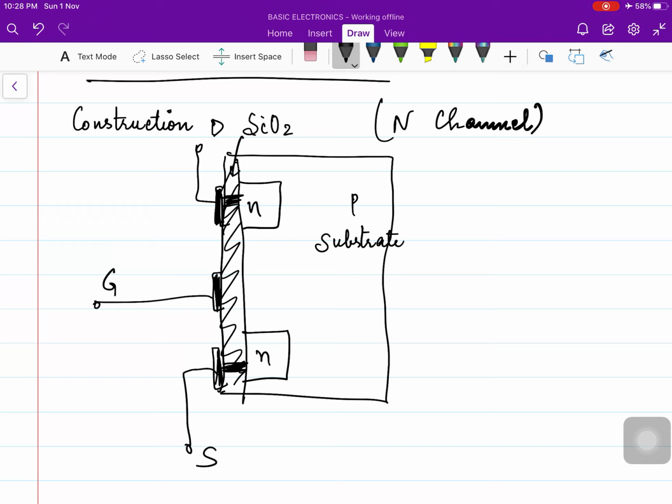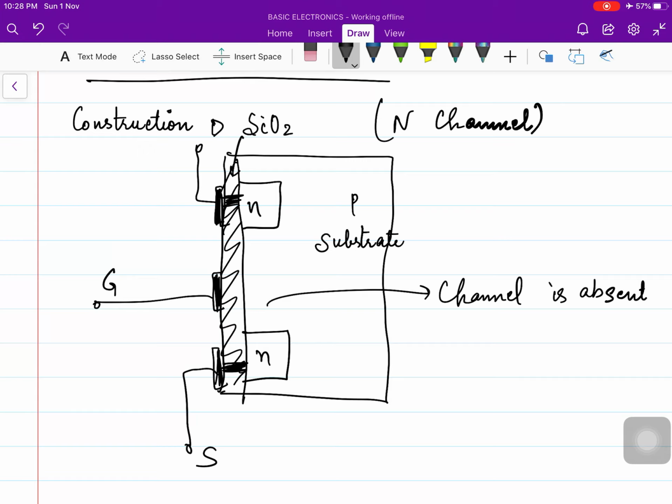Two n regions will be formed or connected to source and drain. But here the main important thing is that channel is absent here. Channel is not physically present in enhancement MOSFET. In depletion MOSFET, the channel was physically present, but in the case of enhancement MOSFET, the channel is physically absent. That doesn't mean that the electrons will flow this time without any channel.